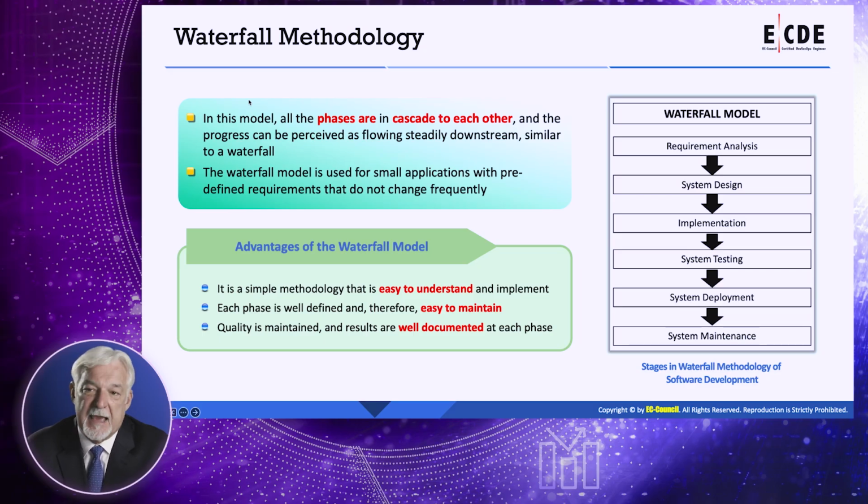It's great for little static projects that aren't of a complex nature. It's a simple methodology that's easy to understand and implement. Each phase is well-defined and therefore easy to maintain. Quality is maintained and results are well documented at each phase. And we see you have the requirements, system design, implementation, system testing, system deployment, and system maintenance phases in the waterfall methodology.